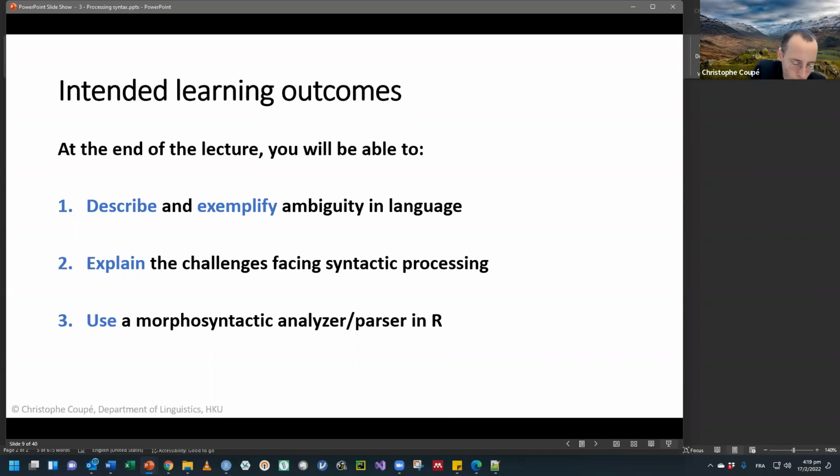Not 100% perfect, but really quite strong, like 95% perfect or something like this.